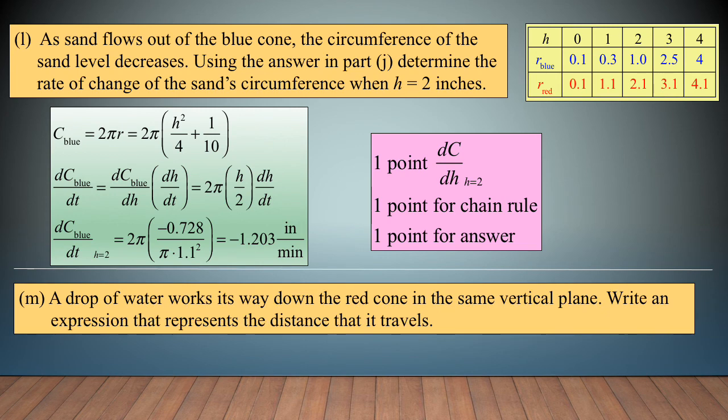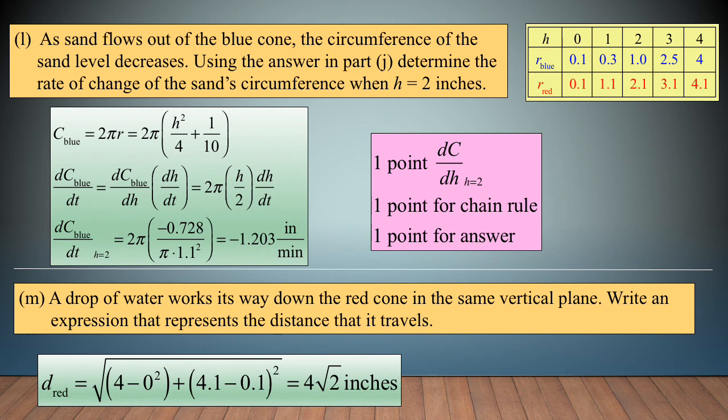M reads, a drop of water works its way down the red cone in the same vertical plane. Write an expression that represents the distance that it travels. No calculus here. We are just finding the distance of a straight line between 2 points.